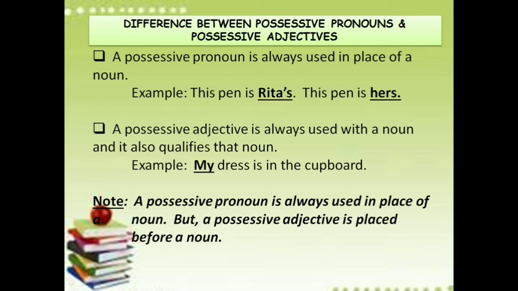A possessive pronoun is always used in place of a noun. For example, this pen is Rita's. This pen is hers. The pronoun hers is the possessive pronoun and it is used instead of Rita's.